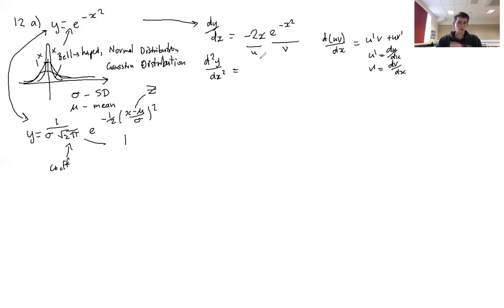So if we go ahead and do that, u dash is just going to be, if we differentiate this, -2, and we have times v, so v is just this here. And then we've done this part, now if we do this part here, we're going to have plus u times v dash. So that's going to be -2x times, now v dash, we've already found that out.